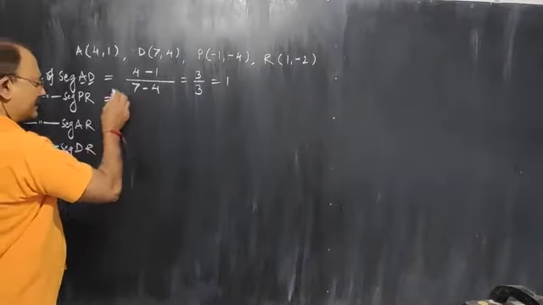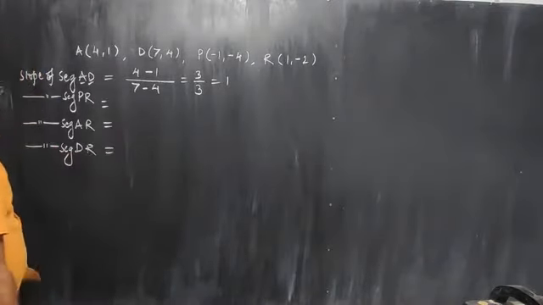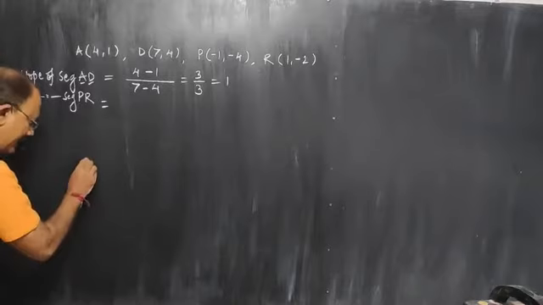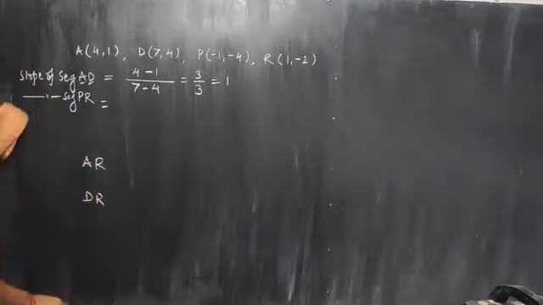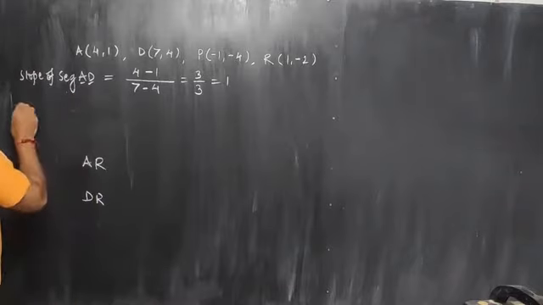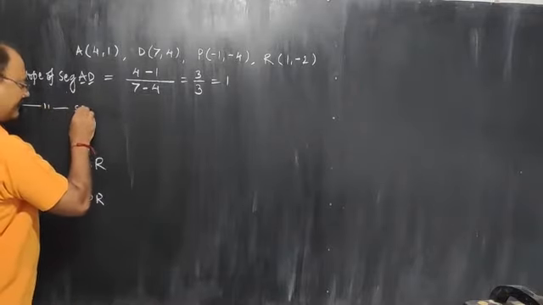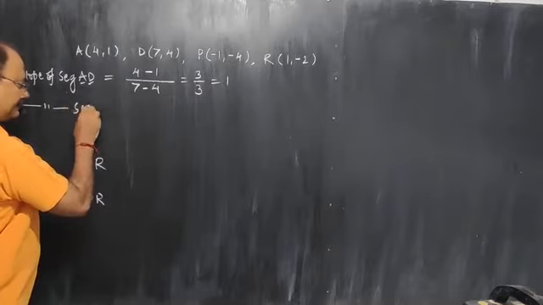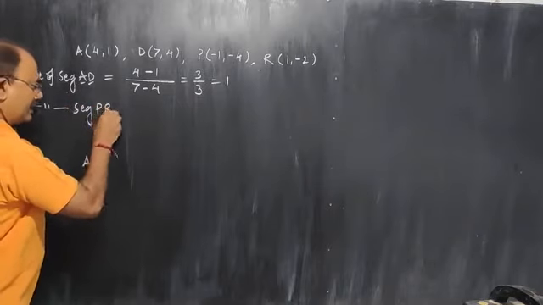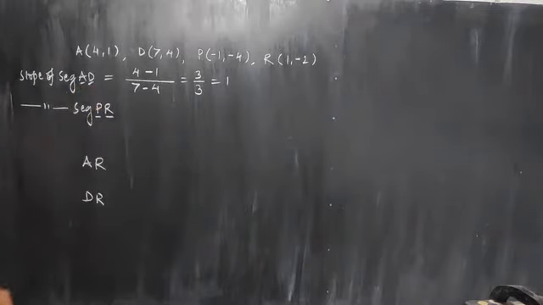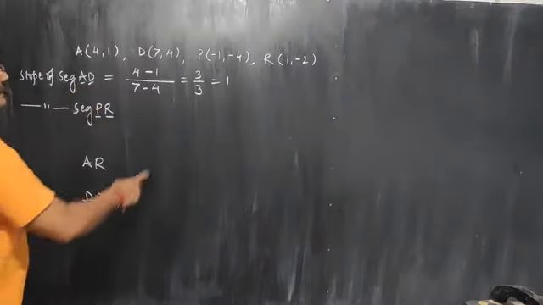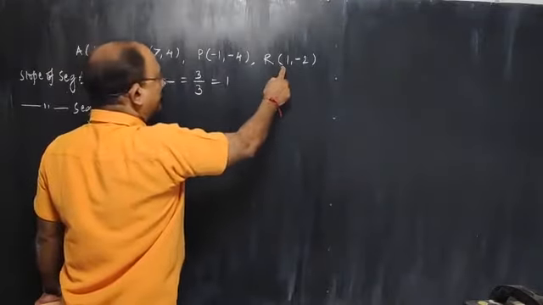Let us do it for segment PR. AR and DR I'll write here. Slope of segment PR. Now I am using points P and R which are different than A and D. Okay. So let us take points P and R and calculate the slope.